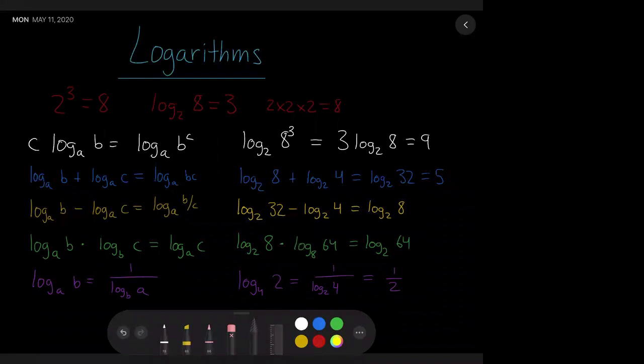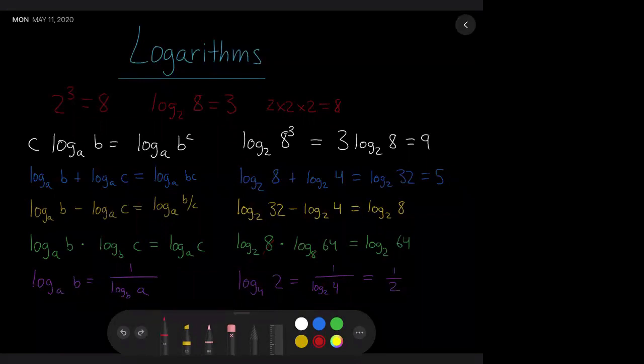What our green property says is that we can basically drop these out to get log base 2 of 64. And if you count how many 2's it takes to get to 64, the answer is 6. 2 times 2 times 2 times 2 times 2 times 2 is equal to 64. So that's equal to 6. And that's what our property says.